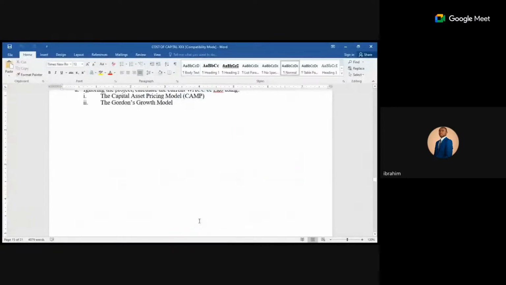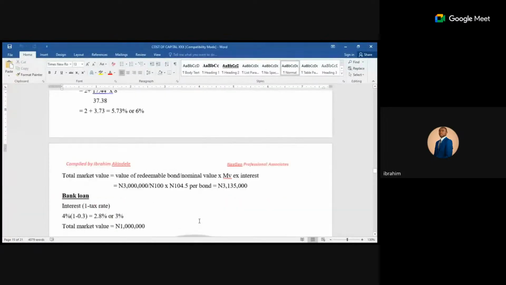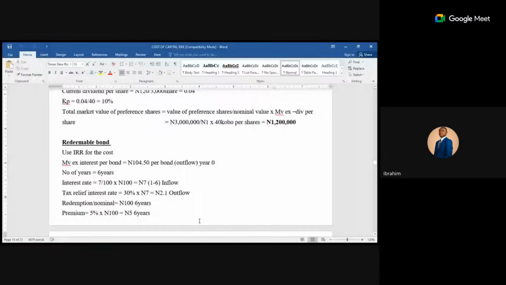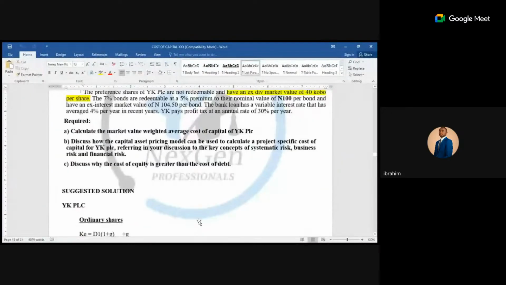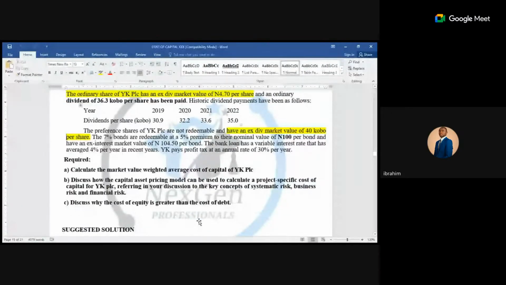We should not forget that in the first question here, we only solved for A. We have B and C. The B part of the question says: discuss how the capital asset pricing model can be used to calculate a project-specific cost of capital for KPLC, referring to the key concepts of systematic risk, business risk, and financial risk.